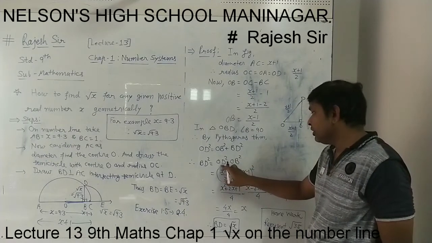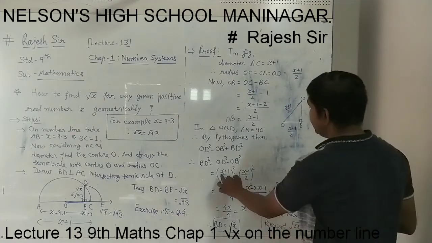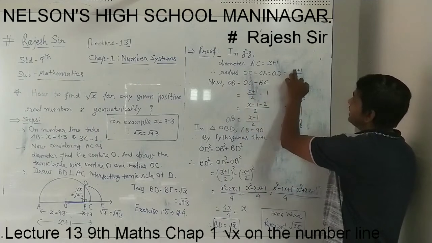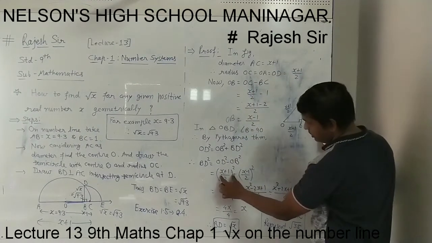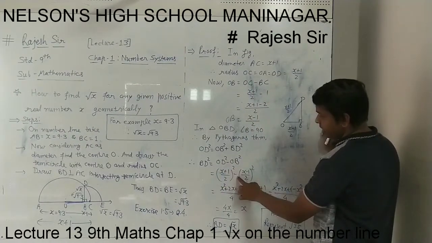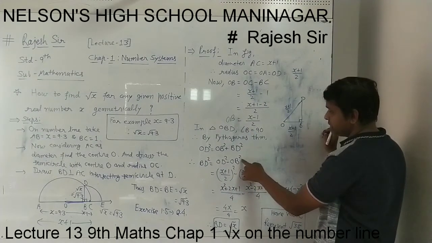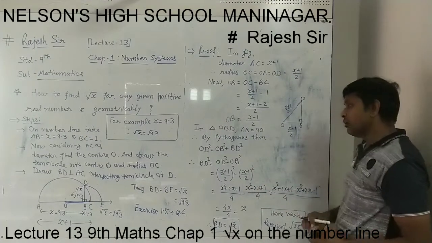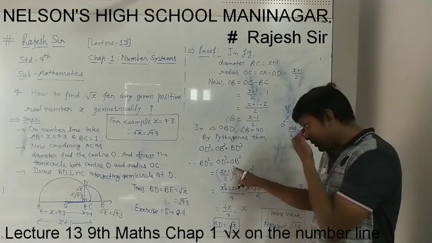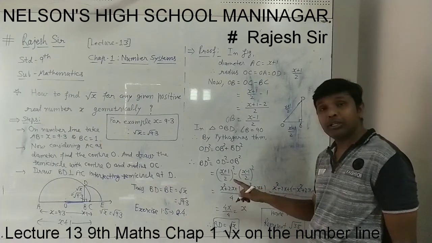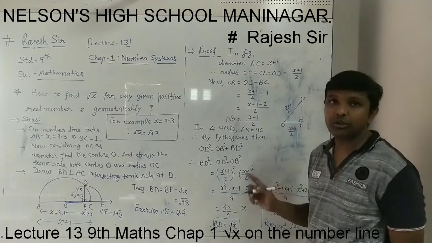Now we have to place the values of OD and OB. OD is (x plus 1) by 2, squared, minus OB, which is (x minus 1) by 2, squared. Now the expansion of (x plus 1) squared is of the type (a plus b) whole square: a square plus 2ab plus b square.